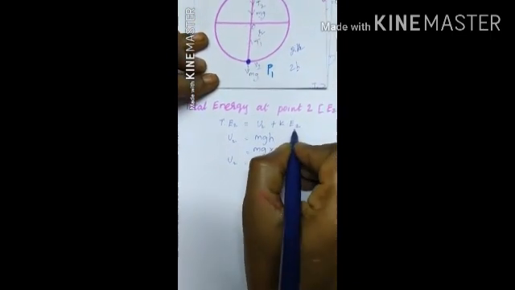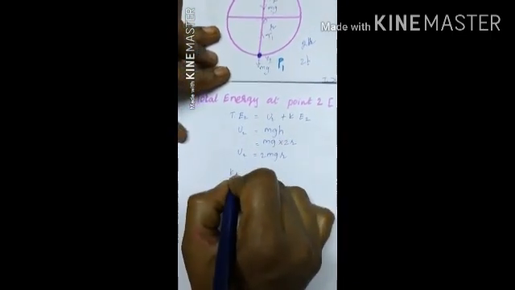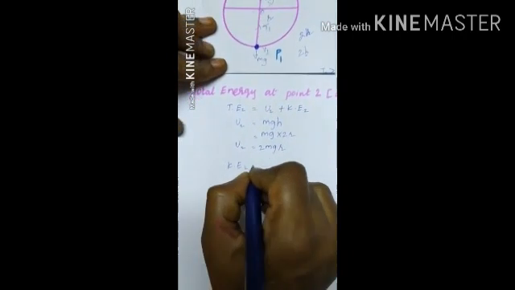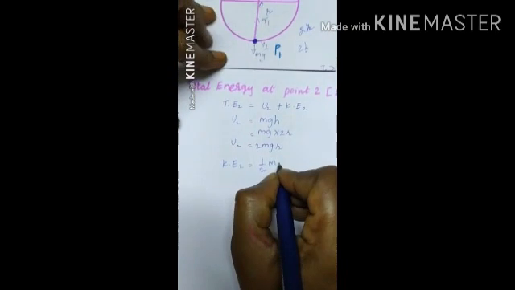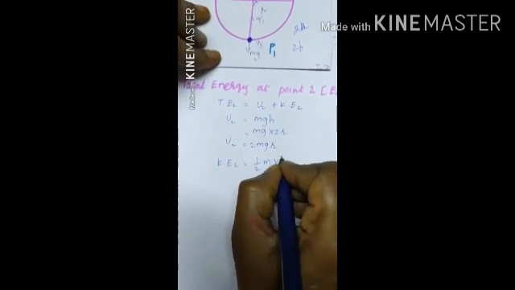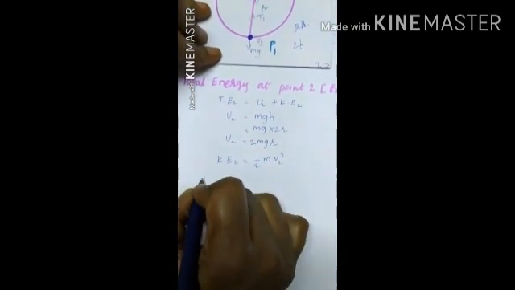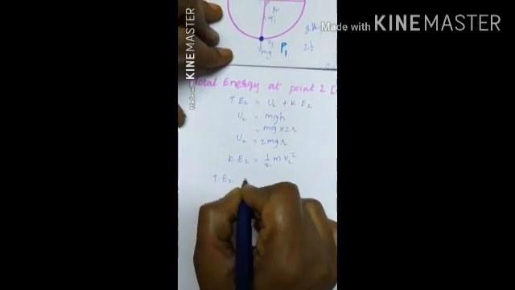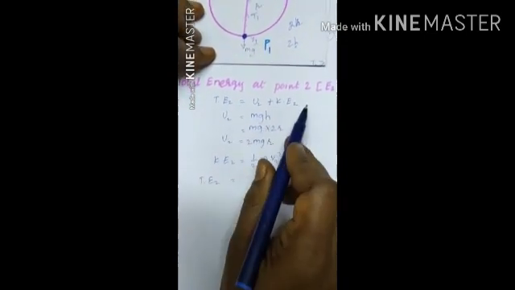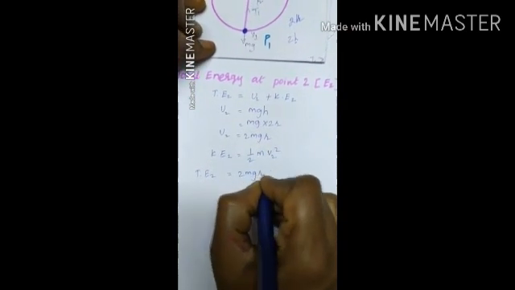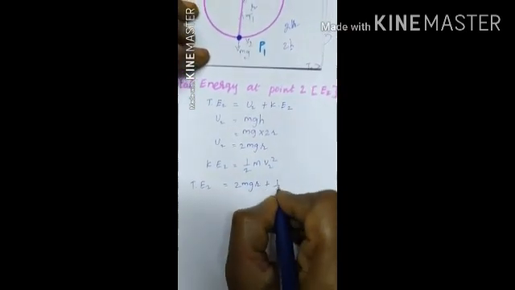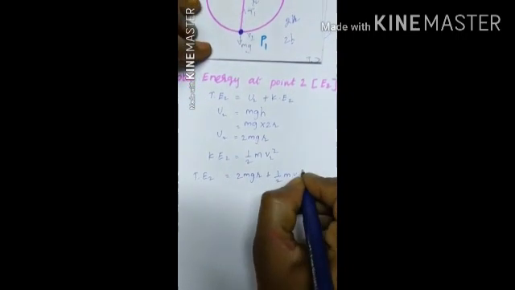Next kinetic energy at the point 2, KE2 is equal to, on the same formula, 1 by 2 m. Here velocity is v2, so we are writing v2 squared. So total energy at the point 2 is equal to potential energy plus kinetic energy. Here potential energy is 2mgr plus kinetic energy is 1 by 2 m v2 squared.